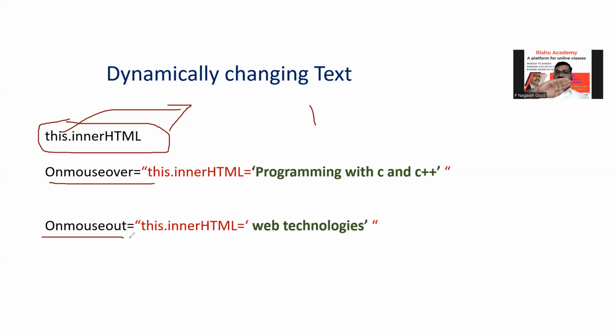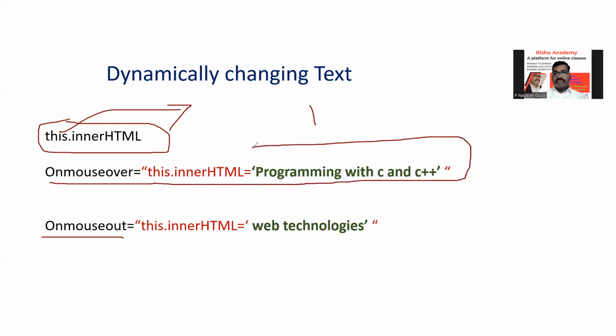When the cursor is moved over the particular text, immediately this dot inner HTML will replace the text of the current object with programming with C and C++. When the cursor is moved out of the text, then immediately the text will be replaced with web technologies.